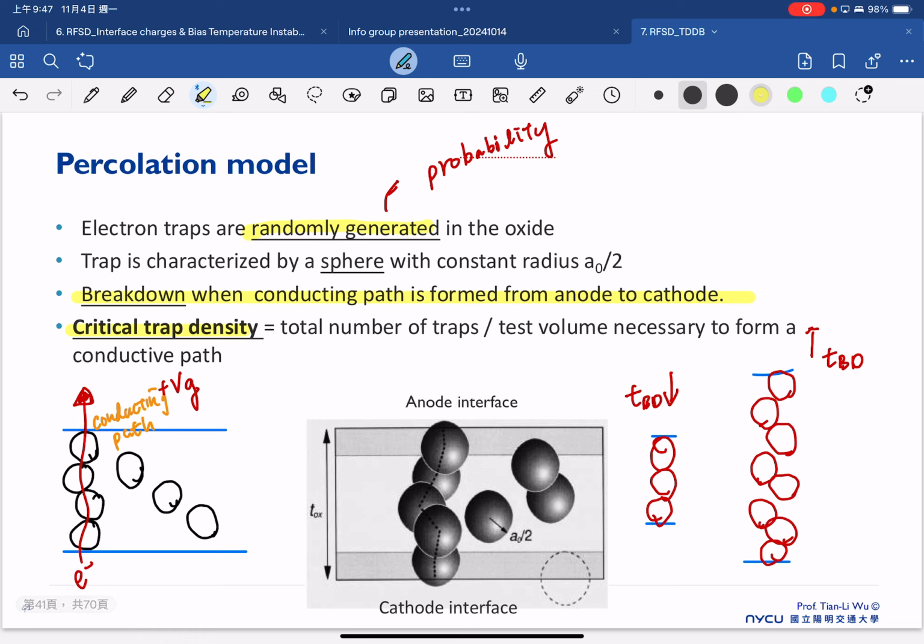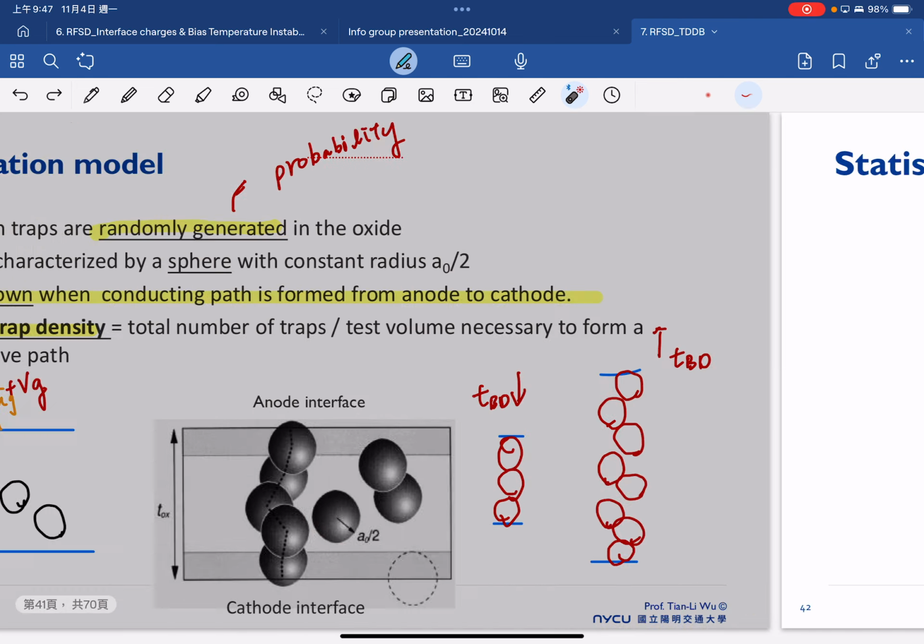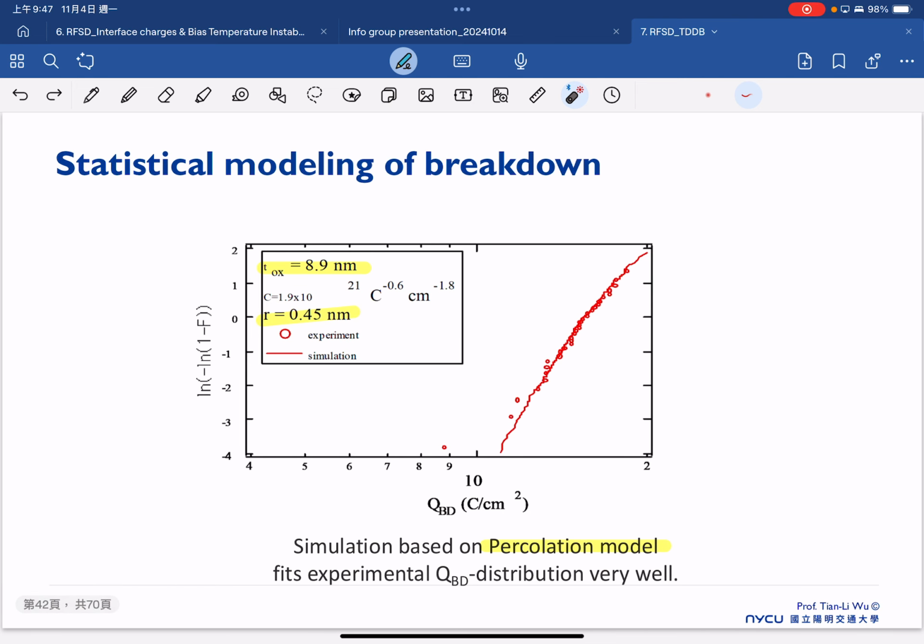In the percolation model, we also have to consider the size of each trap, as shown here. If we put these two numbers into the simulation, we find that the simulation result fits the experimental charge to breakdown distribution very well.